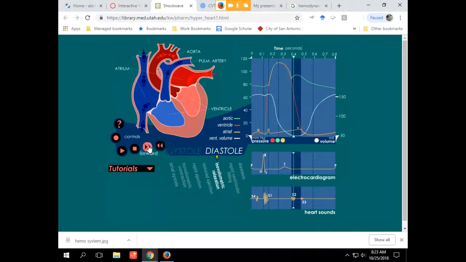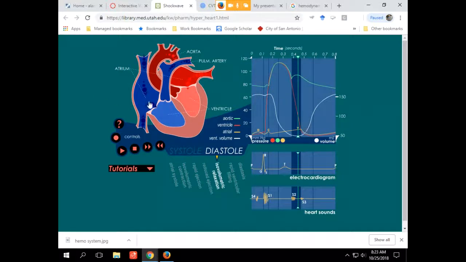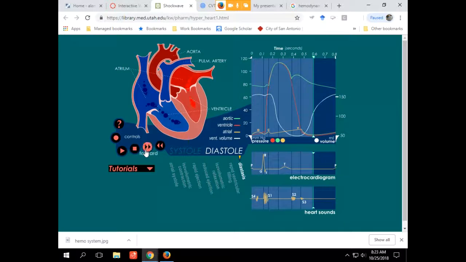This V wave is when the pressure's building, and then boom, it overcomes the valve, opens it up, and then dumps. So the V wave can be attributed to right before the opening of the valves. As soon as it opens, it decreases, and then we start again.